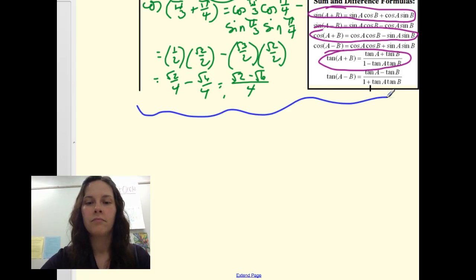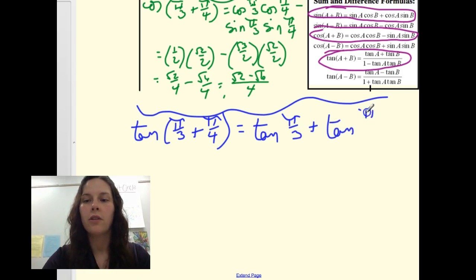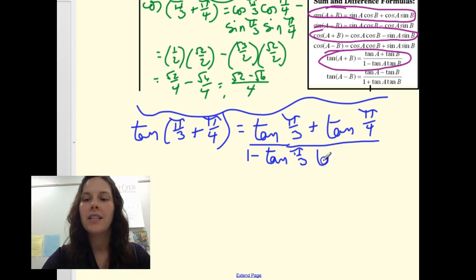So we've got tangent of pi over 3 plus pi over 4, which gives us tangent of pi over 3 plus tangent of pi over 4 all over 1 minus, and multiplying them together, tangent of pi over 3 times tangent of pi over 4.